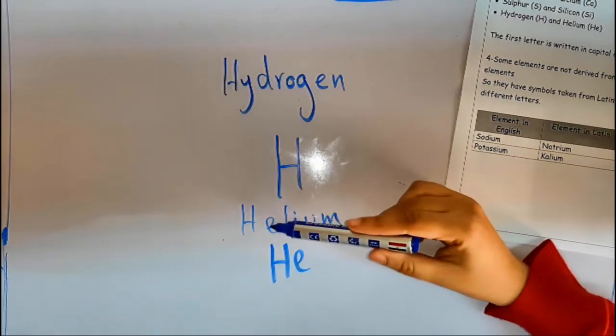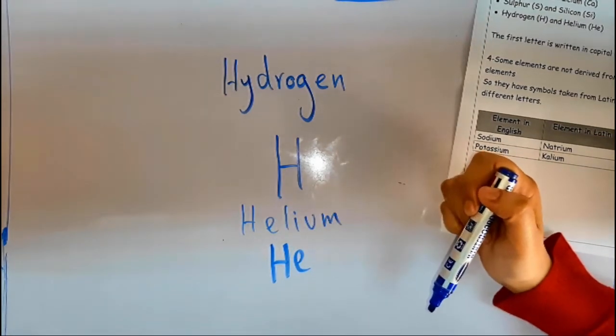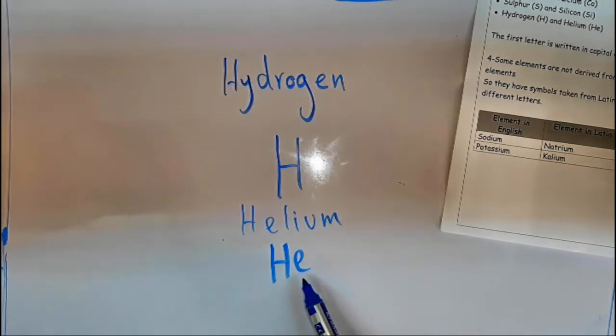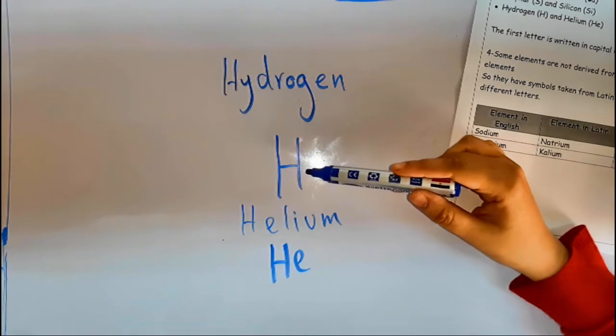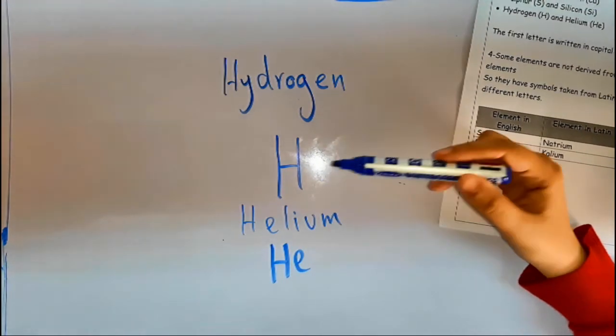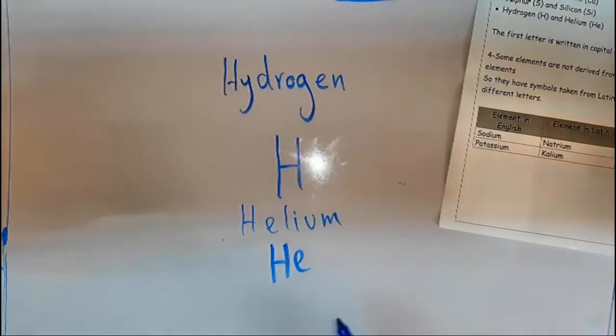We will take the second letter, which is E, but now we will write it in small letters. Again, if it is only one letter, we write it in capital. If there are two letters, we write the first in capital and the second in small.